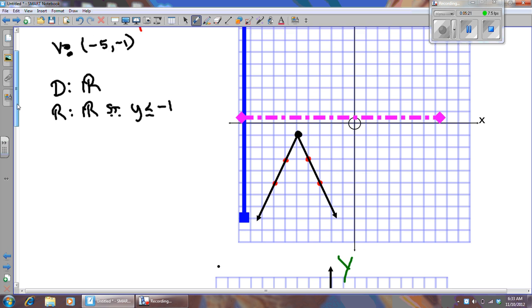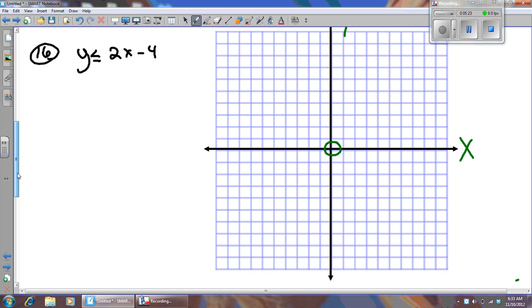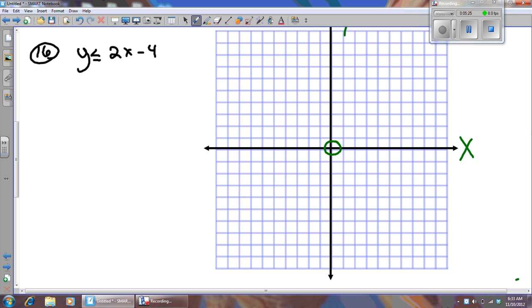All right. Let's graph two more. This one looks easy enough. It's in slope-intercept form. There's no absolute value. So I go 1, 2, 3, 4, do my y-intercept at -4. I have a slope of 2.